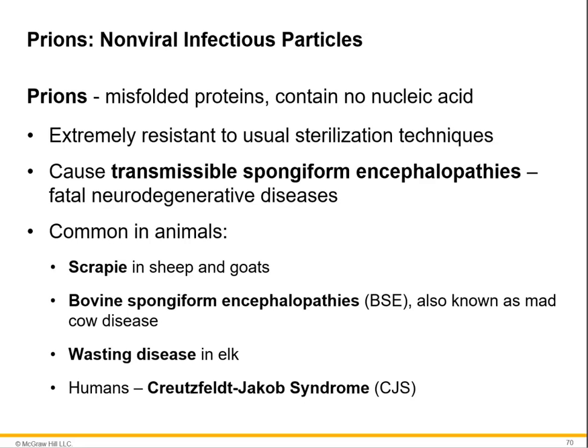And they can cause fatal neurodegenerative diseases called transmissible spongiform encephalopathies. The greatest example of this, everybody knows, is mad cow disease or bovine spongiform encephalopathy. But you also see scrapie in sheep and goats, wasting disease in elk, and when prion disease affects us, we can see Creutzfeldt-Jakob syndrome.